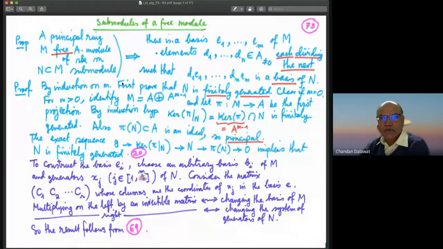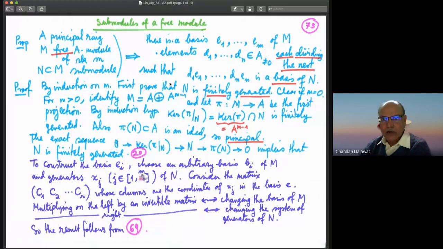Suppose we have done it for free modules of rank M-1: every submodule is finitely generated. And for M equal to 1, we know that it's true because submodules of the ring A itself are the same as ideals, and they are not only finitely generated, they are principal. That is the kind of ring that you are working with. So for M equal to 1, this is clear.